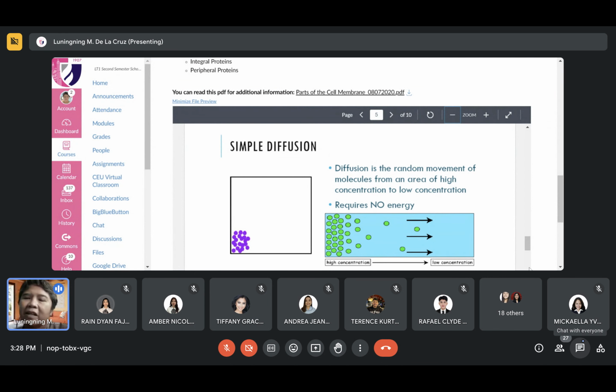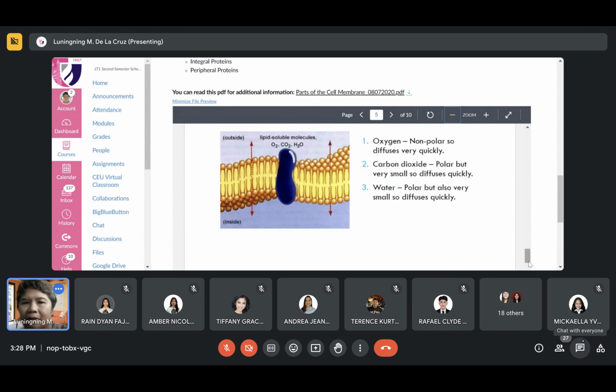The materials that diffuse in our body are oxygen, carbon dioxide, and nutrients. The process of moving these materials requires no energy. It just moves from an area of high concentration to an area of low concentration.